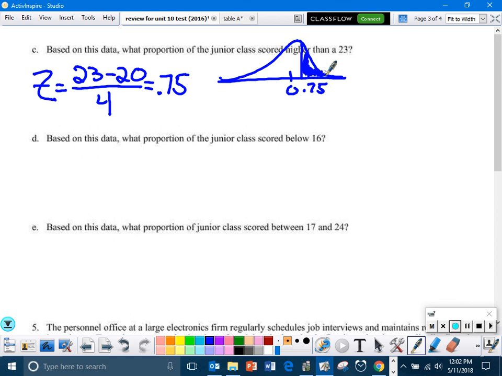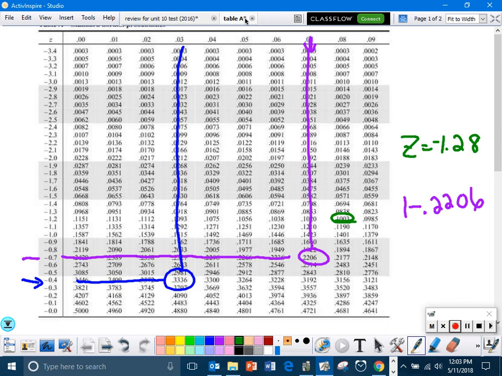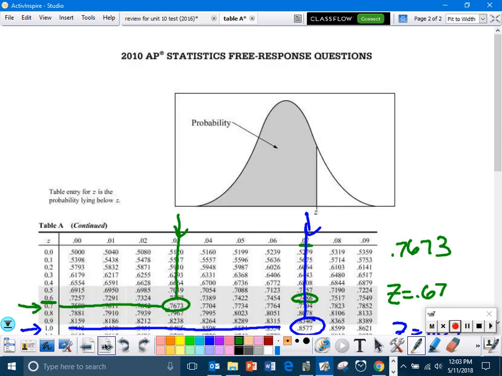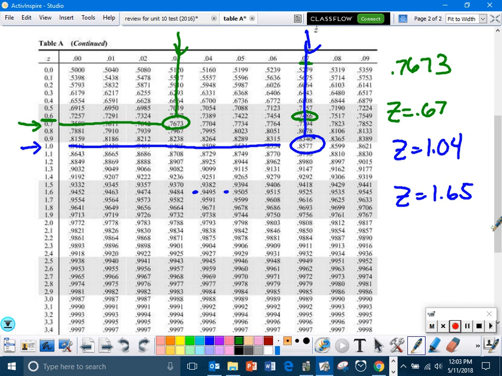Okay, when I look this up on the table, if you go look at the table, it's going to give you the area to the left, remember? So let me go to the table because I don't see it right now. So we're going to go to 0.75. All right, 0.75.